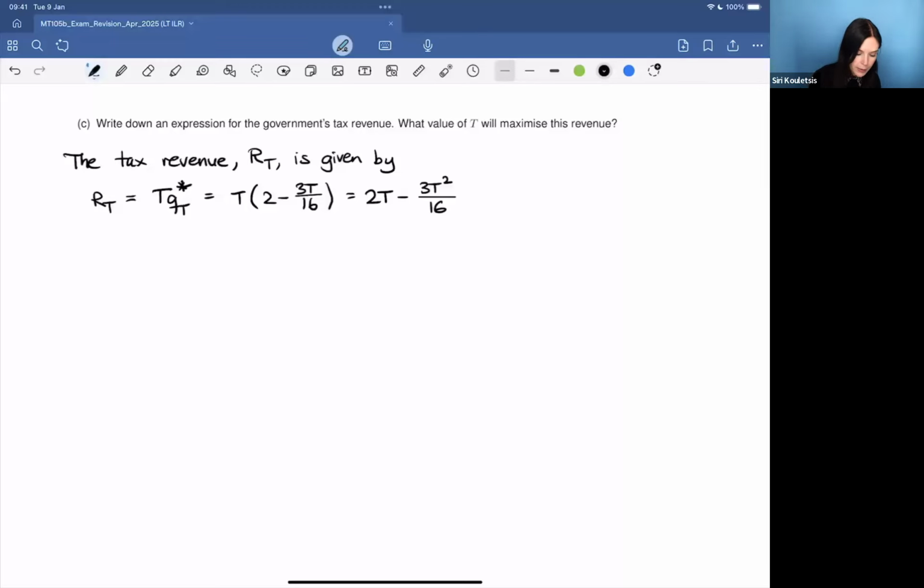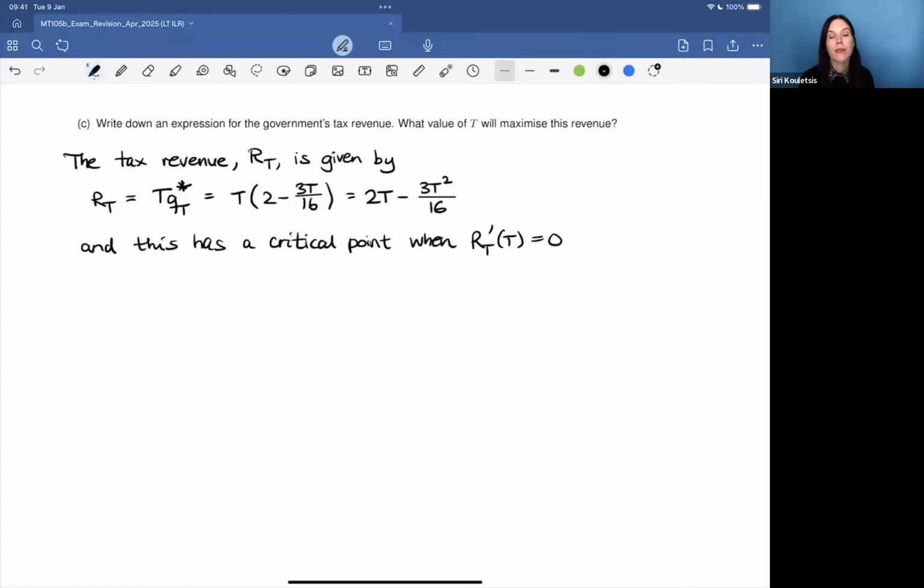But now we want to find critical points of the revenue function. And as you know, critical points satisfy that the first derivative of the function is 0 at the point.